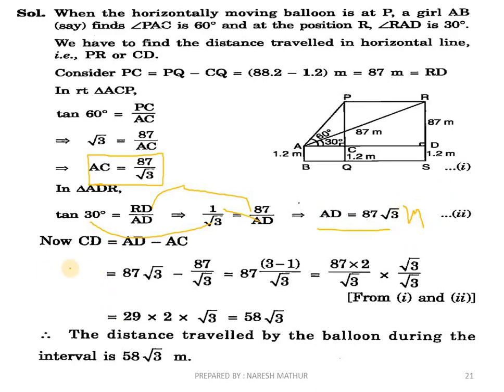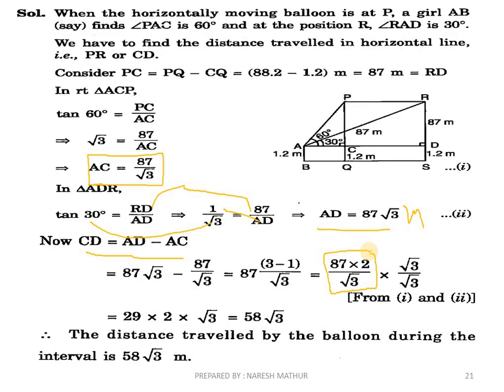For that we can subtract AC from AD. So CD would be equal to AD minus AC. Just put the values. We can take 87 as common, so it would be 87 times root 3 minus 1 by root 3. After taking LCM, it would be 3 minus 1 by root 3. So at the end we'll get 87 into 2 upon root 3.